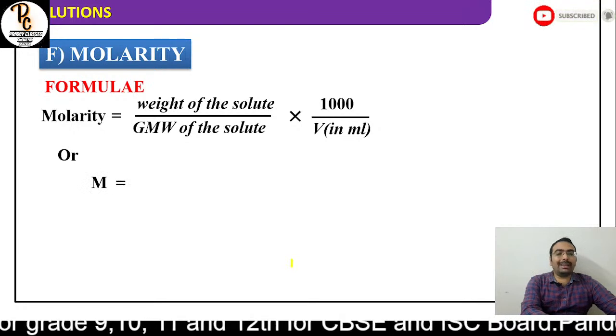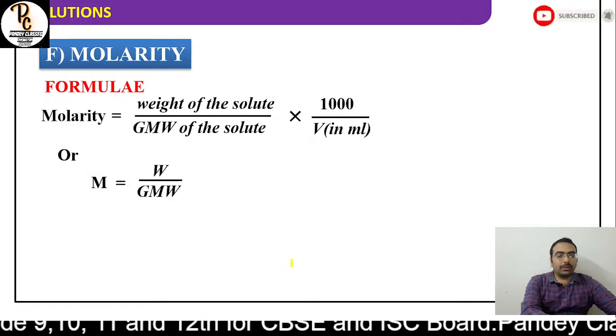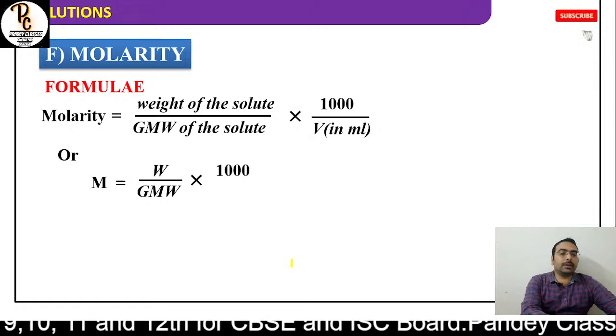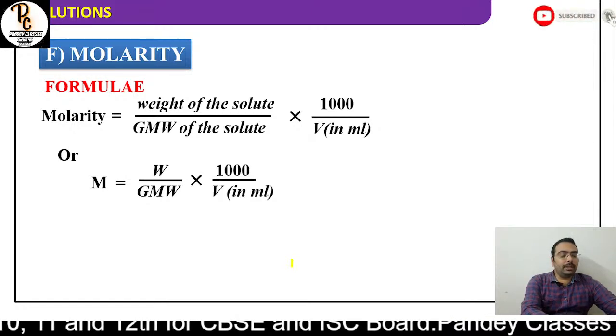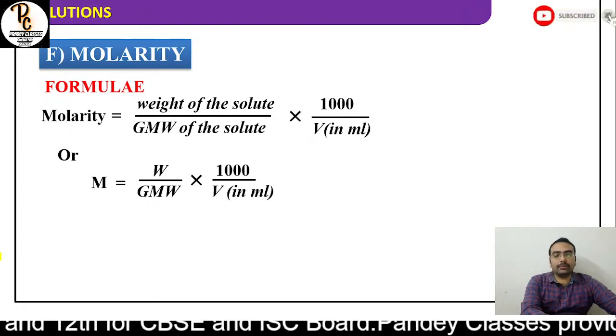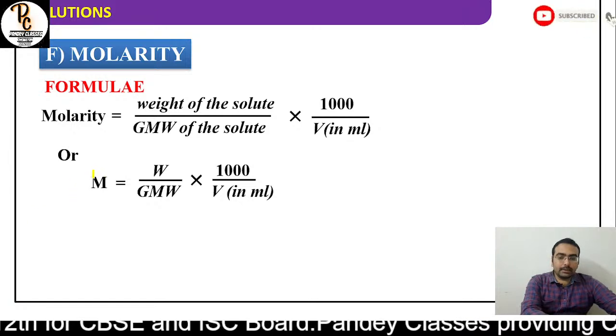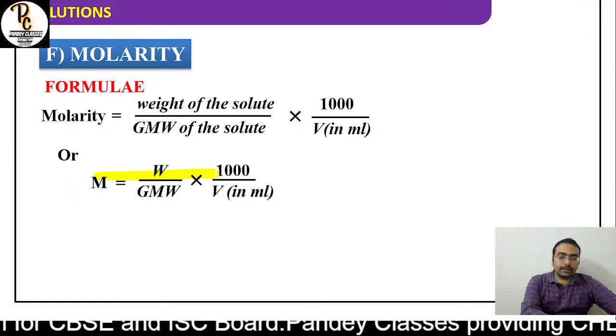Or the same formula can be written as W upon gram molecular weight into 1000 upon V in ml. Okay, so this is the formula that we use for the calculation of numericals.